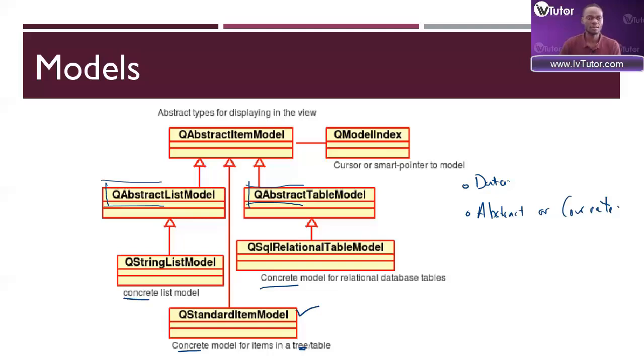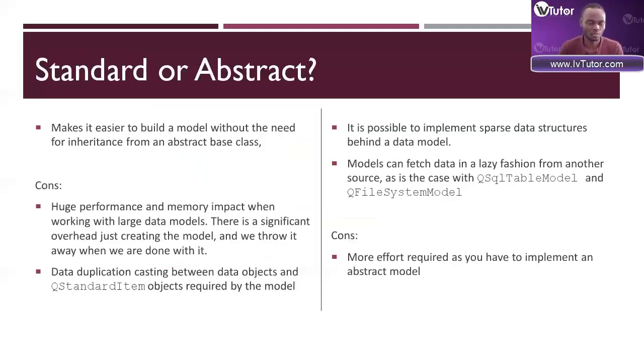Now, one of the common questions that you get when it comes to choosing a model is, would you go with a concrete model or would you go with an abstract model? Sometimes the question you get would be something like, you are a developer and you've been given a choice between the QStandardItemModel or the QAbstractTableModel.